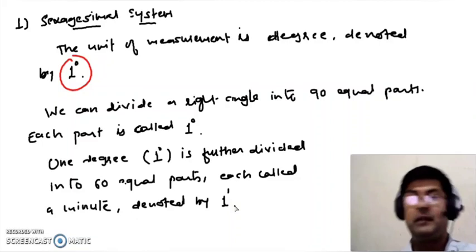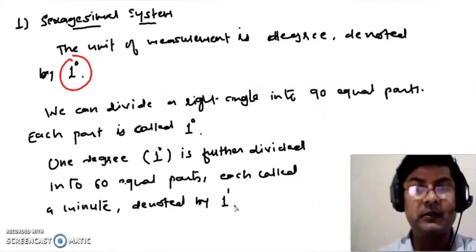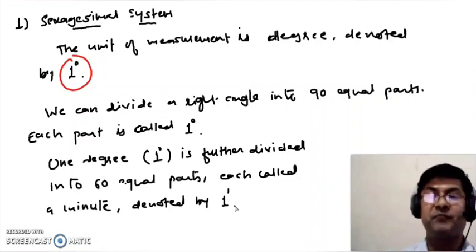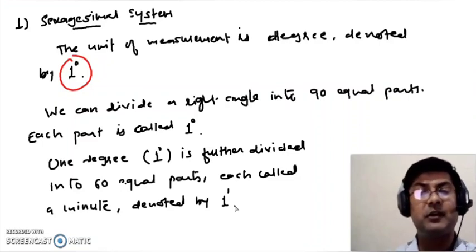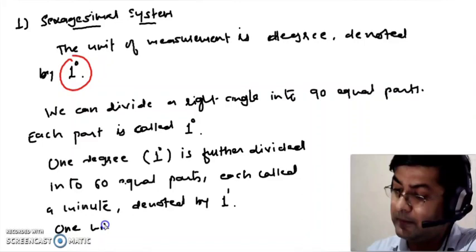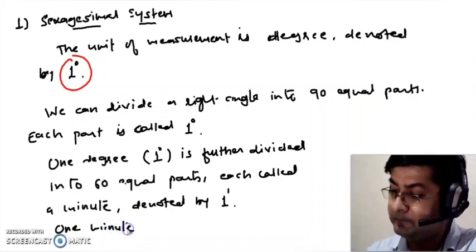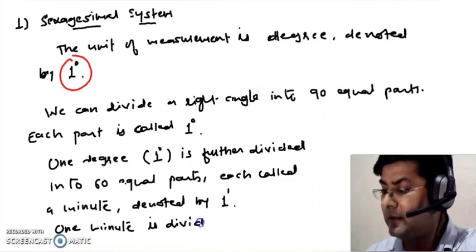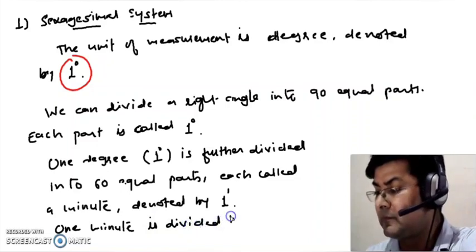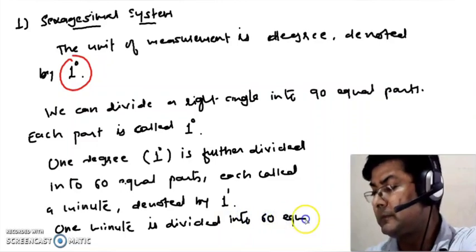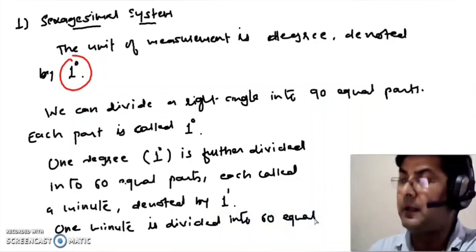Clear? And further we divide 1 minute into 60 equal parts once again, and each of these equal parts is called a second. So we can write that 1 minute is divided into 60 equal parts.